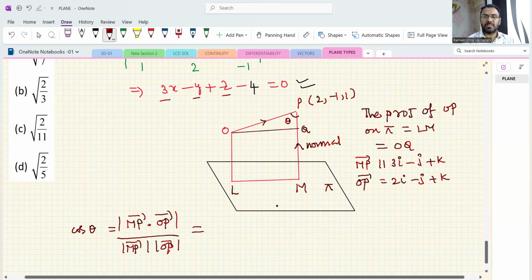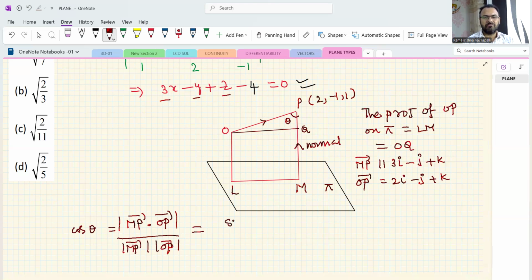What is the dot product of these two? 6 plus 1 plus 1, 8. The magnitude of MP bar is nothing but root 11, and next one is root 6. So this is nothing but 8 by root over 66. And what is the magnitude of OP bar vector? Root 6.